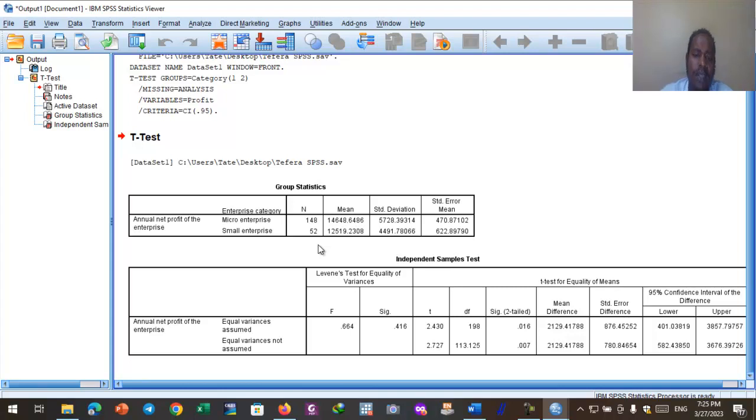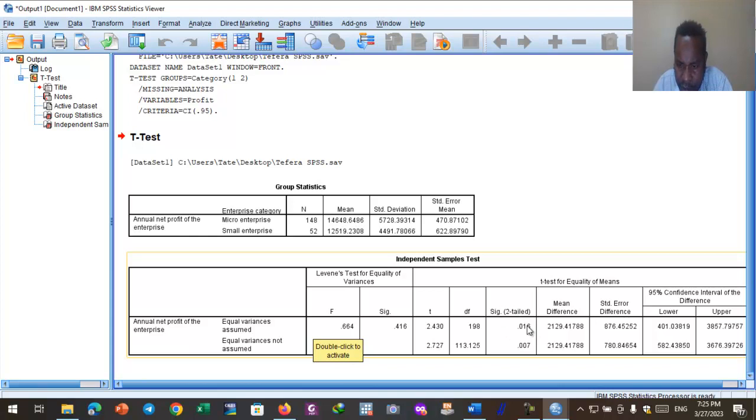The t-test tells whether the difference happened by chance, or whether there is a true statistically significant difference. Look here, look at the p-value.